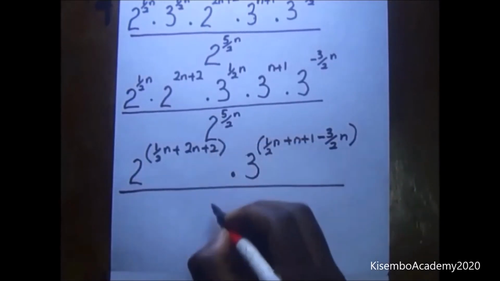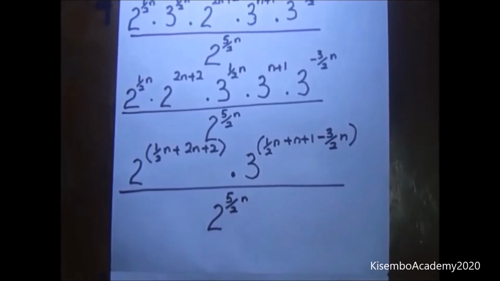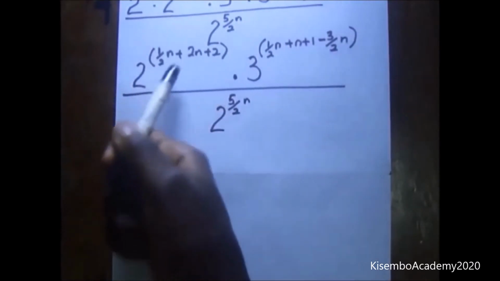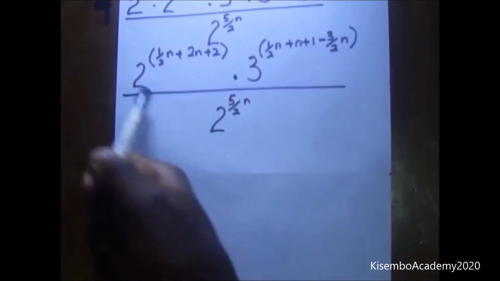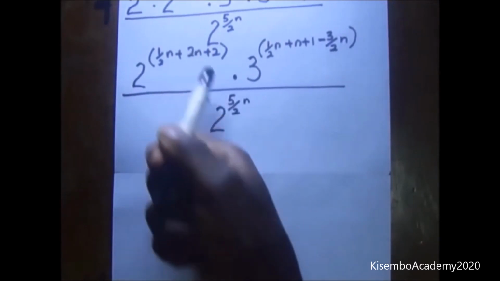Divide all that by 2 to the power 5 over 2n. So it's going to be 2 to the power something divided by 2 to the power something. When dividing indices with the same base, we subtract the powers.